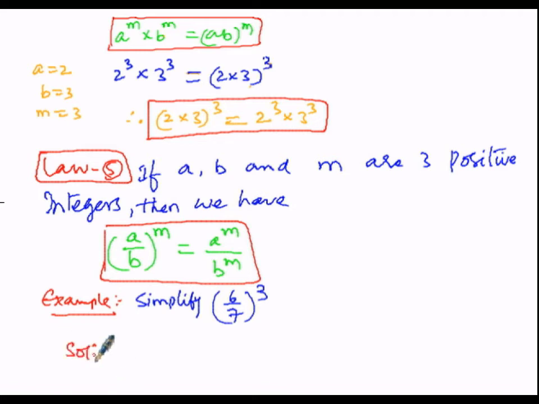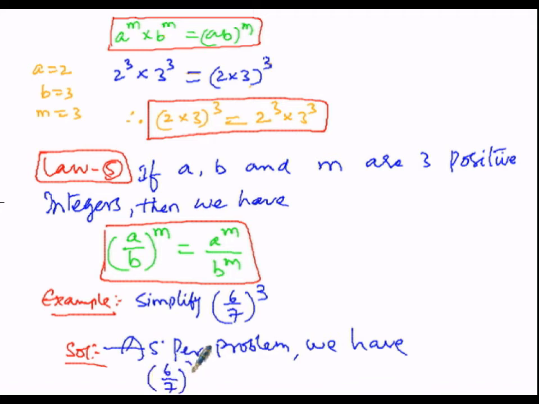As per the problem, we have (6/7)^3, but it is similar to the formula (a/b)^m. So here (a/b)^m is equal to a^m divided by b^m.